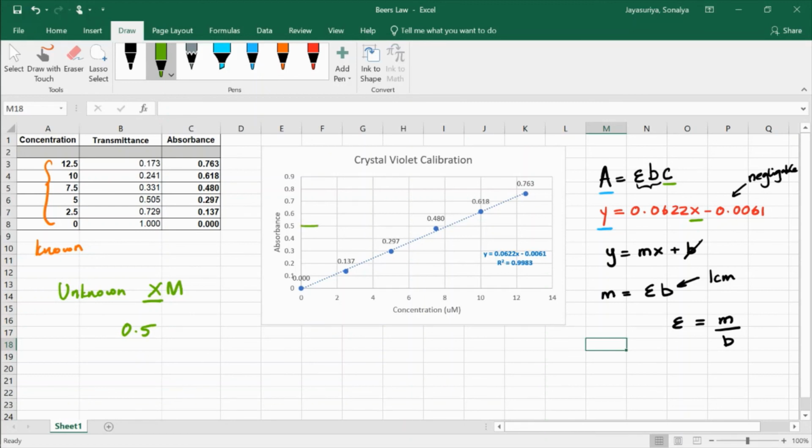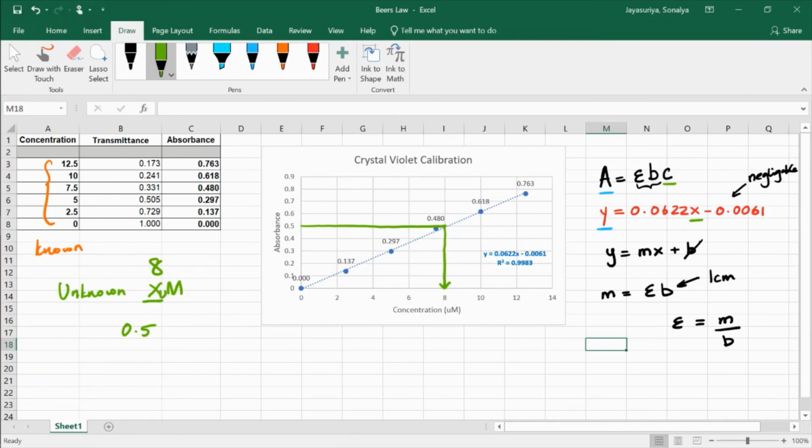I can ask you, what's the concentration of this solution? You can literally draw a line here and down and find the concentration, which will be 8 micromolar, okay? A 0.5 absorbance value would give you an 8 micromolar concentration.